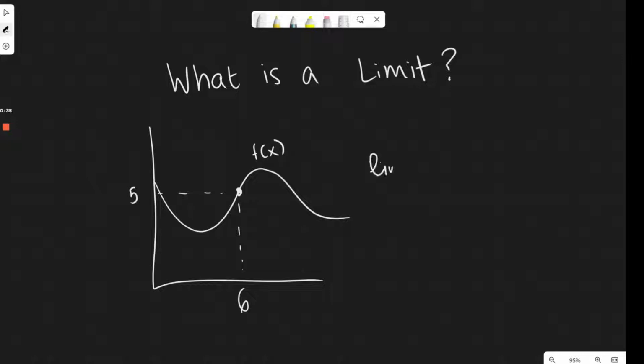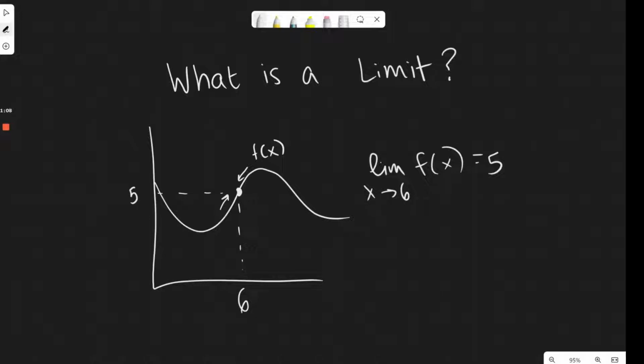Then the limit as x approaches 6 of f of x is going to equal 5, because both the left side and the right side of this function are approaching 5 as the x-coordinate is approaching 6 from both the left and the right. And so that's essentially what a limit is, just what a function is approaching as the input, which is usually the x-coordinate, is approaching a certain value.